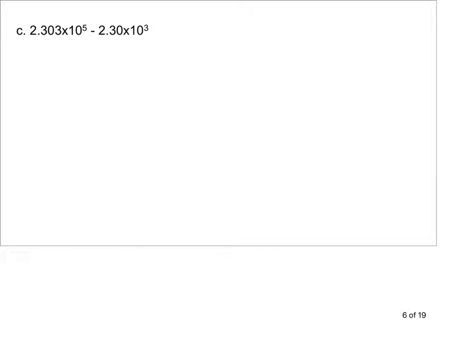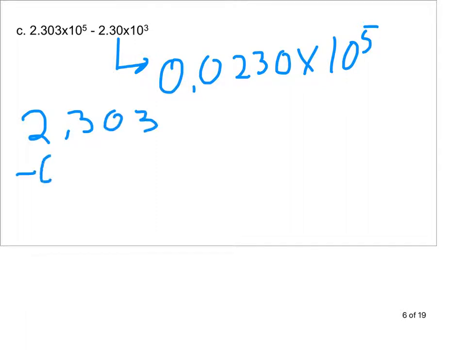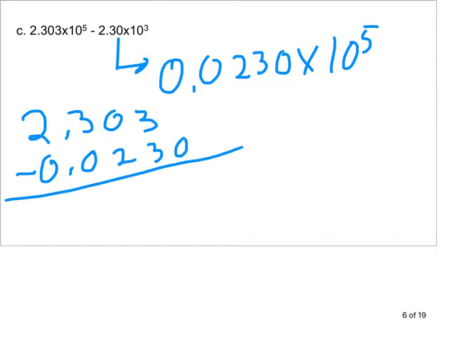Okay, I got a fifth and third. I'm going to change this one to a fifth power, so times 10 to the 5th. Which means I got to move my decimal back twice because I went from thirds. So that'd be 0.0230. Then we can come back and subtract 2.33 minus 0.0230.